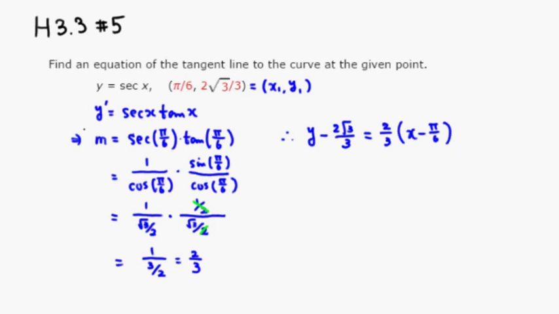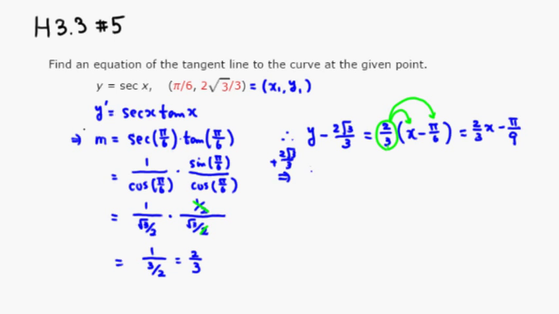If you multiply out, distribute this to x and the negative pi over 6, we get 2/3 x. Then 2 and 6 cancel out 3, so it's going to be negative pi over 3 times 3, 9. Then we can just add 2 square root of 3 over 3.